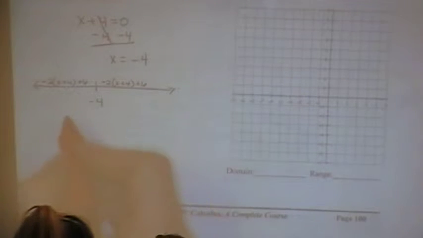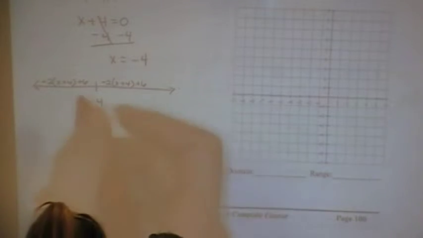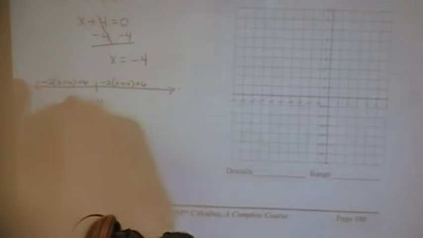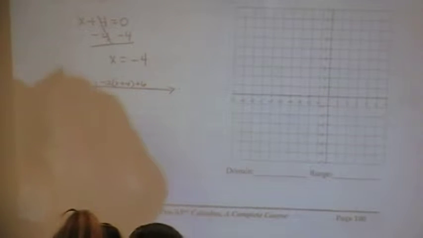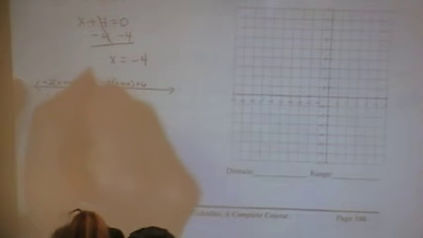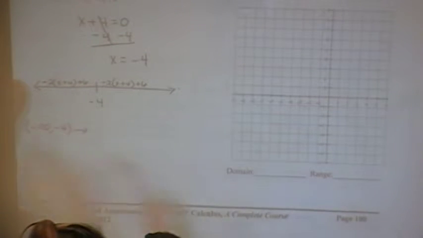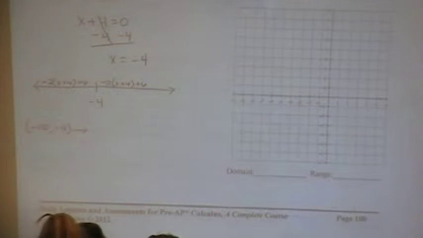Alright, now I have to plug in a value for each interval. So I'm going to talk about this left-hand side first. That would be from negative infinity to negative 4. You can choose whatever number you want. It doesn't matter.